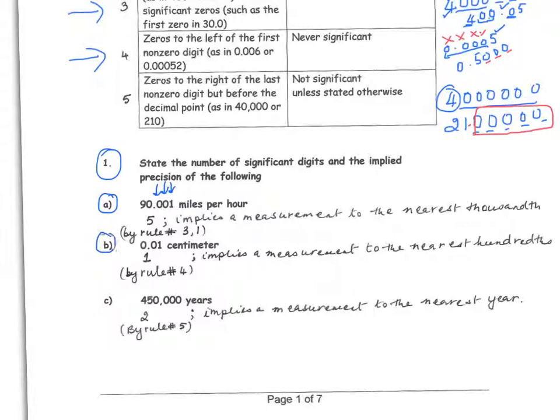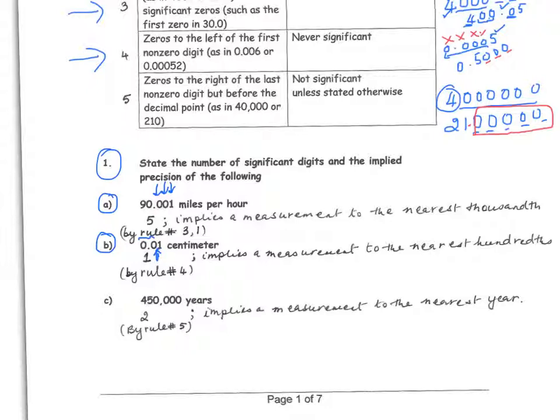Look at B, 0.01 centimeter. We have 1 as a non-zero digit, and all zeros before the non-zero digit. If we have only zeros before the non-zero digits, then they are not significant.